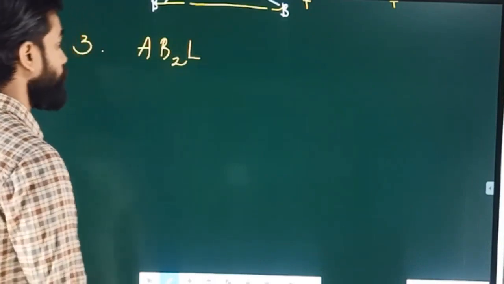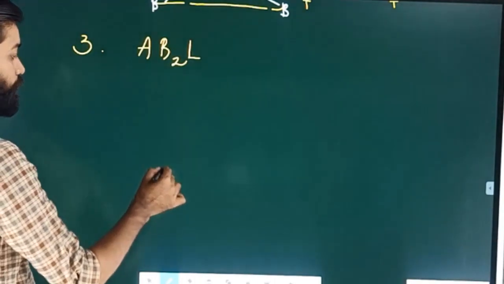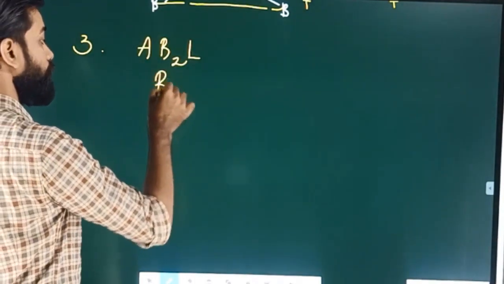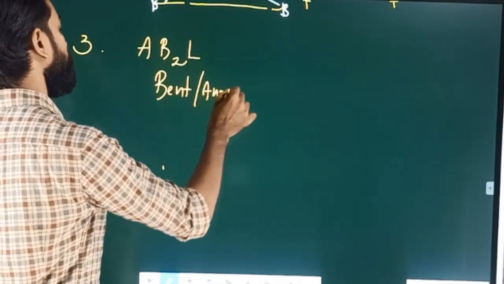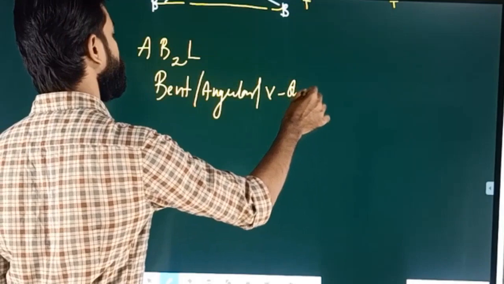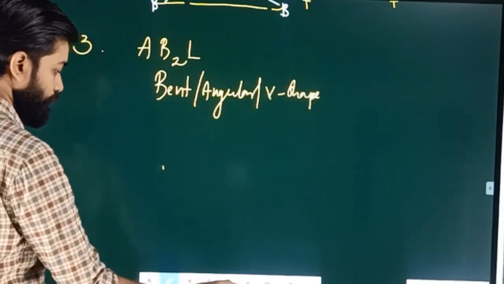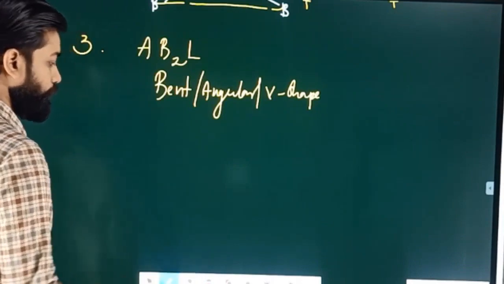Listen. The shape we call bent, angular, or V shape. We know that. So let's check the shape.